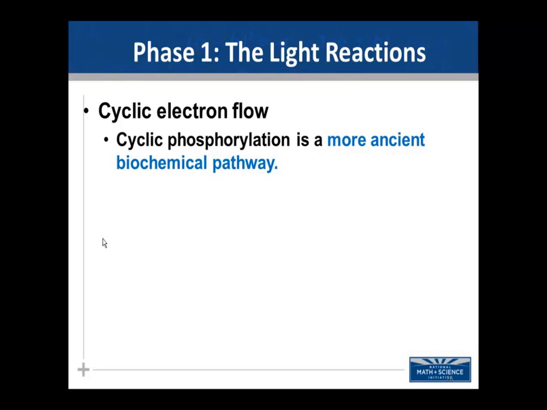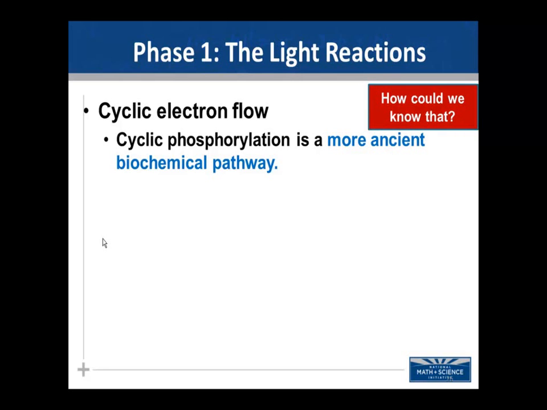Now cyclic phosphorylation is a more ancient biochemical pathway, and how could we know that? Well, yes, some of us are much older than you are, but the key thing is, as a general rule to live by, the simpler a mechanism is, the older it is in terms of evolutionary time.